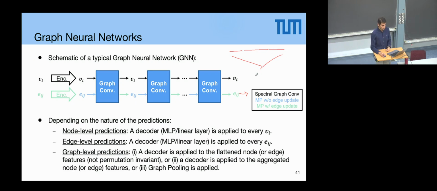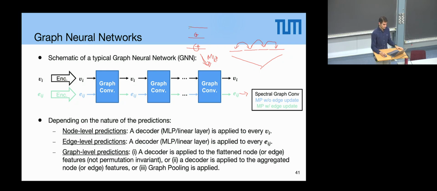This is not going to be permutation invariant because it depends on the ordering of the nodes. So that's not ideal. Another option is to take the vectors that we have for each node and add them. After they have been added, we apply an MLP. In this case, this is permutation invariant because the summation aggregation has the commutative property.